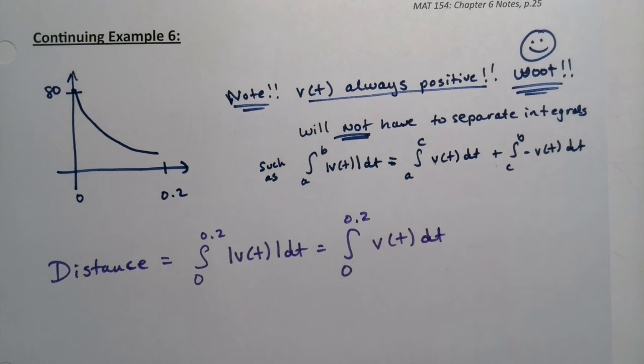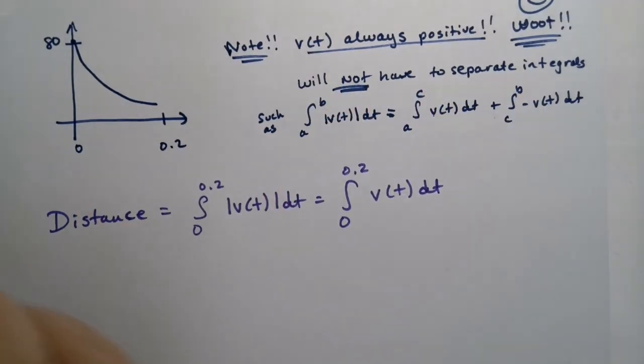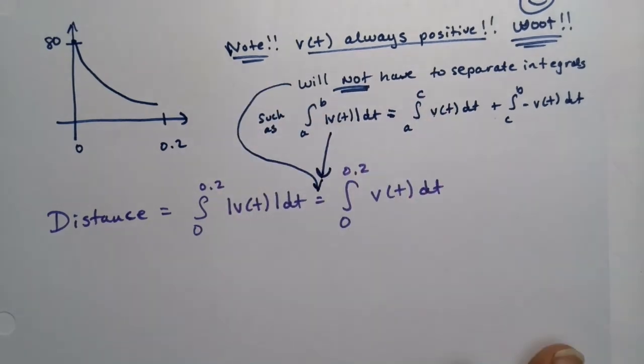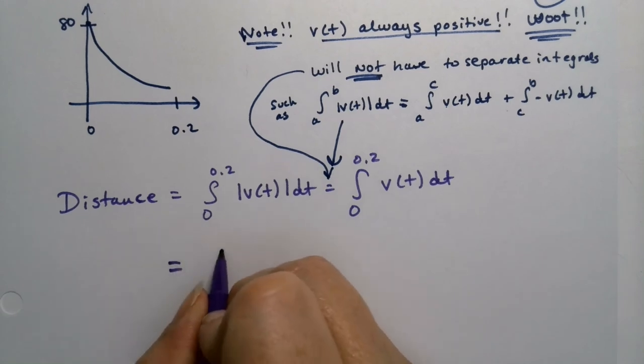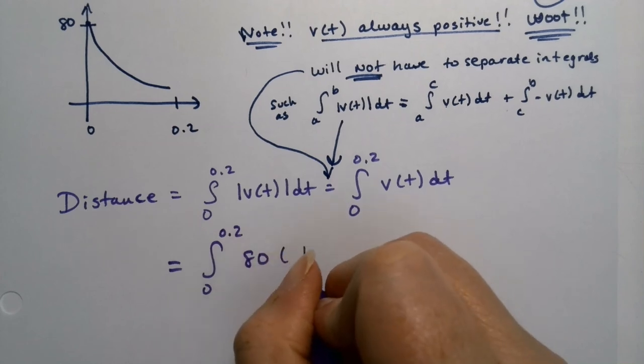Yay! Right? I won't have to bother with the whole separation thing. Yay, team. All right, so this means that I can just take the integral from 0 to 0.2 of 80 times (1 plus 8t) to the negative 2 dt.